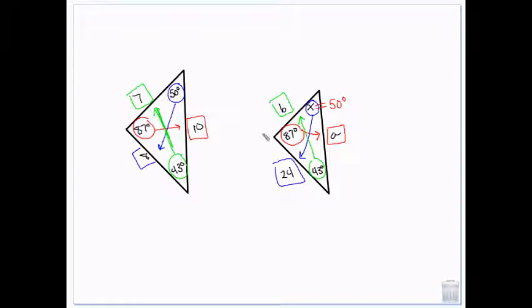Now, what I'm going to do is take the numbers I have. 8 and 24 are both numbers, right? So 7 and 10. No, but 7 and 10 don't go together. 7 goes with B, because they're in the same position.